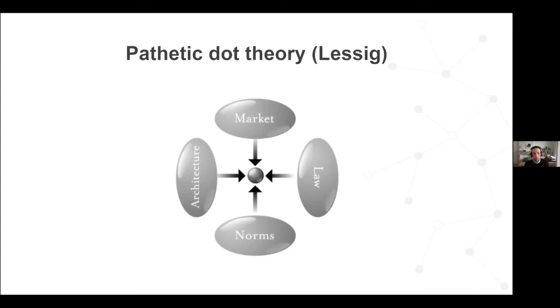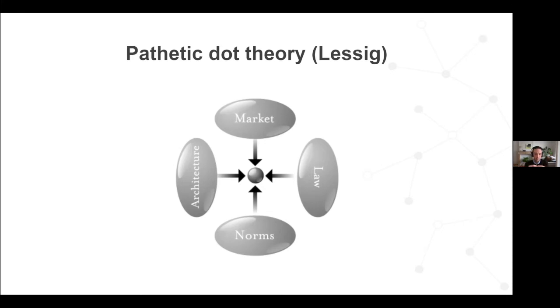It's all forming part of our sphere of influence, but also all of those forces are impacting and regulating us. And so Lawrence Lessig, who wrote Code and Other Laws of Cyberspace, has this pathetic dot theory, which visualizes all of that.